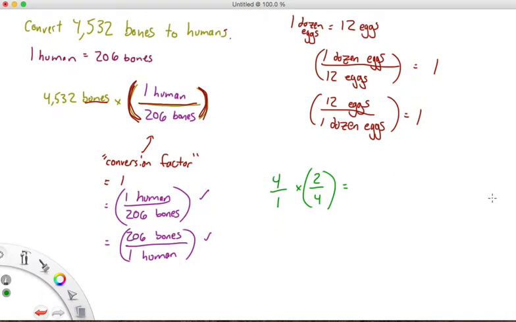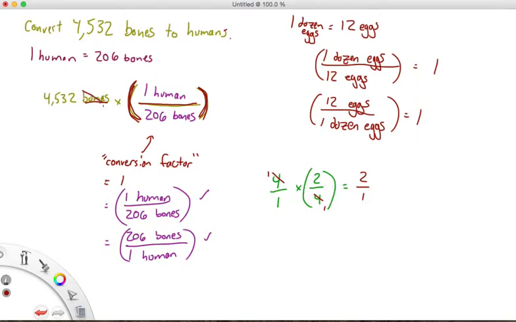Well, these will cancel each other out. So the final result will be 2 over 1, or 2. So if you have something in the numerator multiplied by another fraction with the same thing in the denominator, then they cancel each other out.